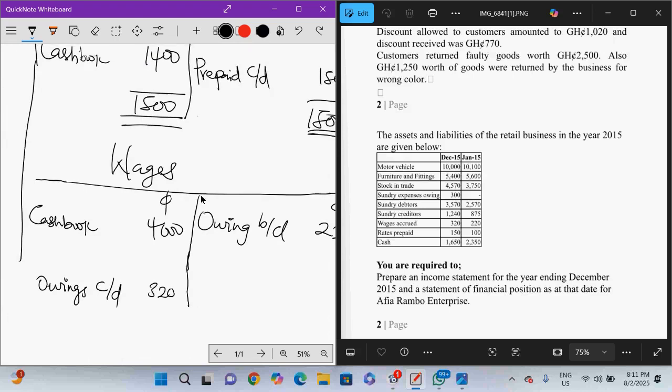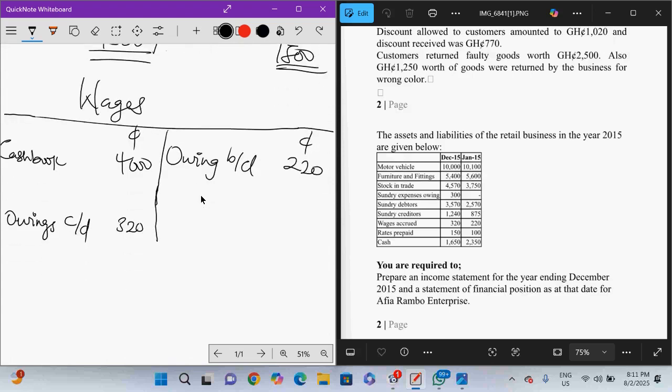What will be the total? That will be 4,320. So the difference will go to the income statement.